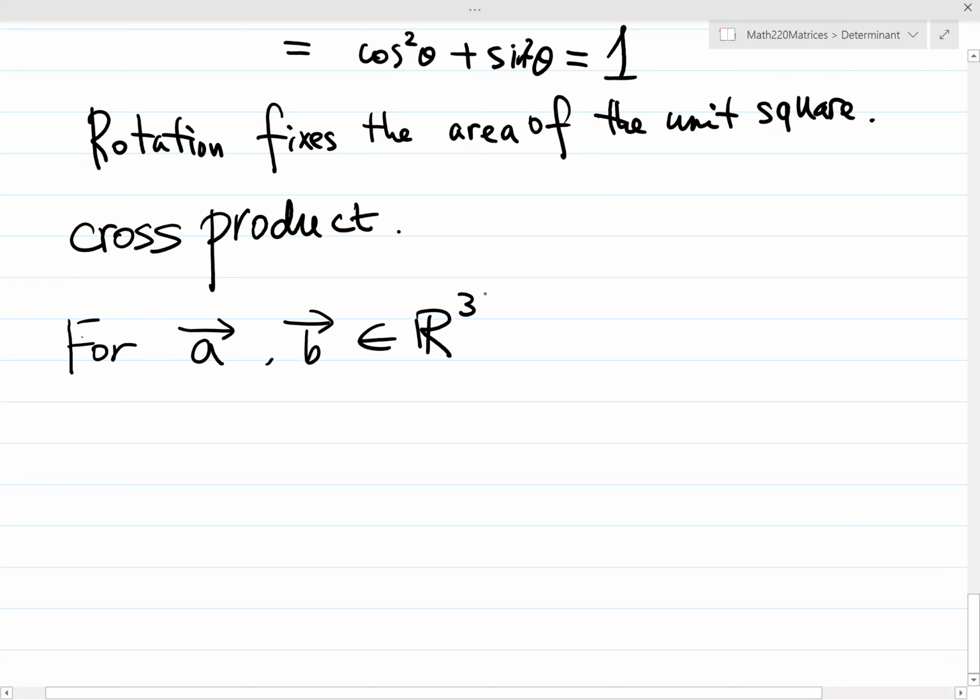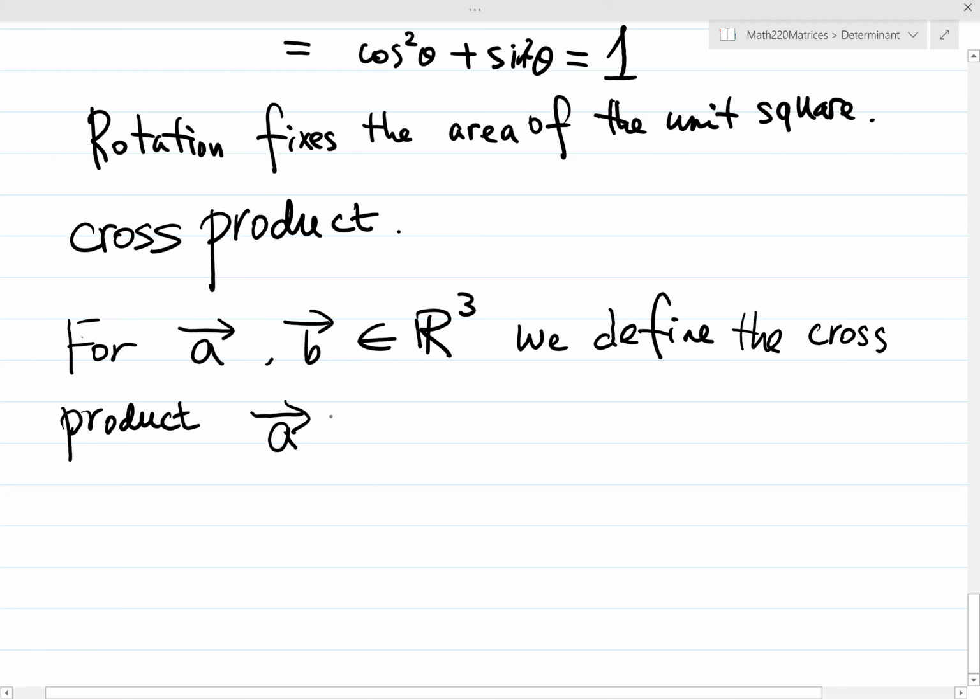We take two vectors in R3 and define the cross product. For the inner product, or dot product, we get a number. Here we define another operation, the cross product. The output is a vector in R3.